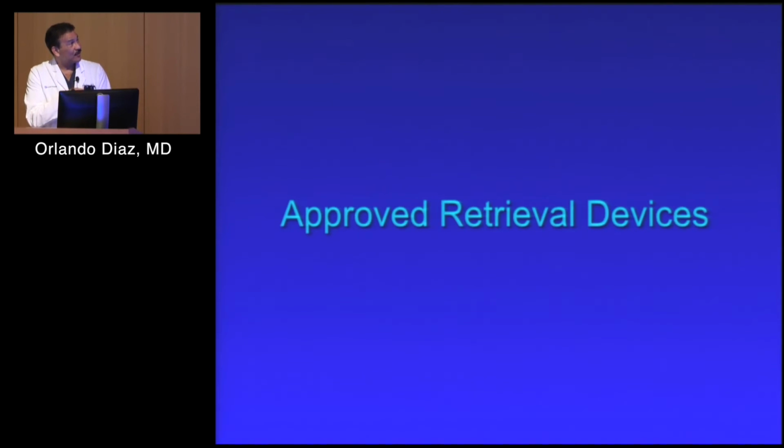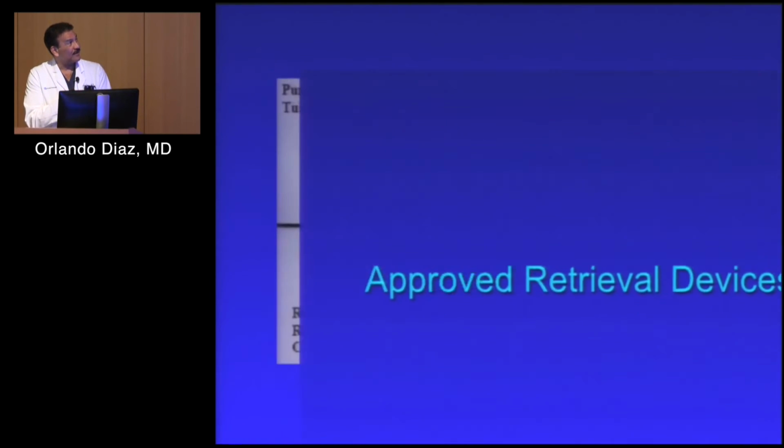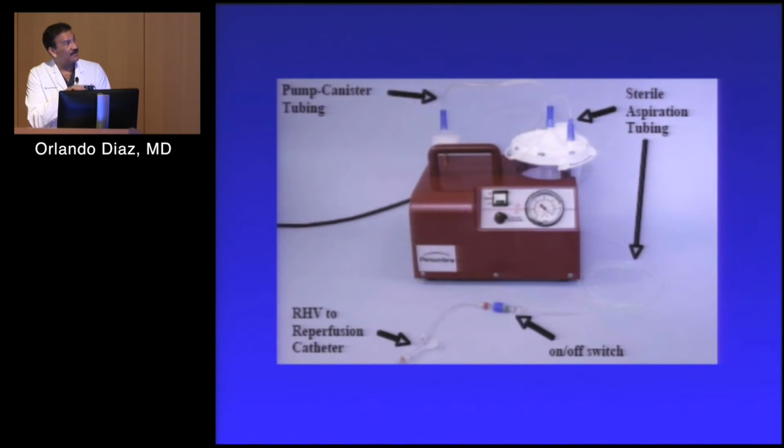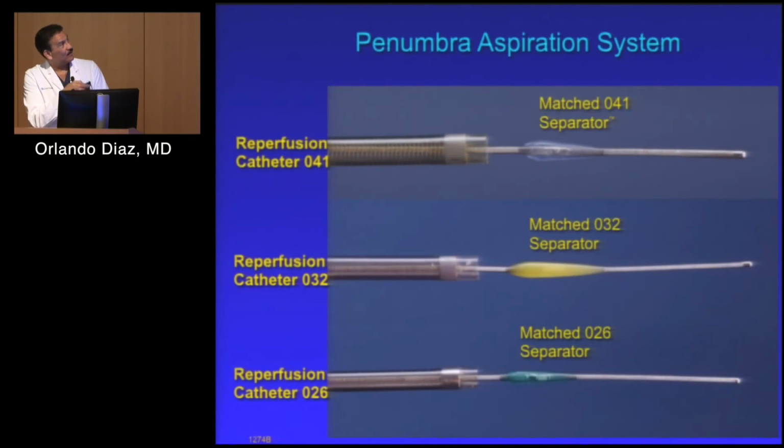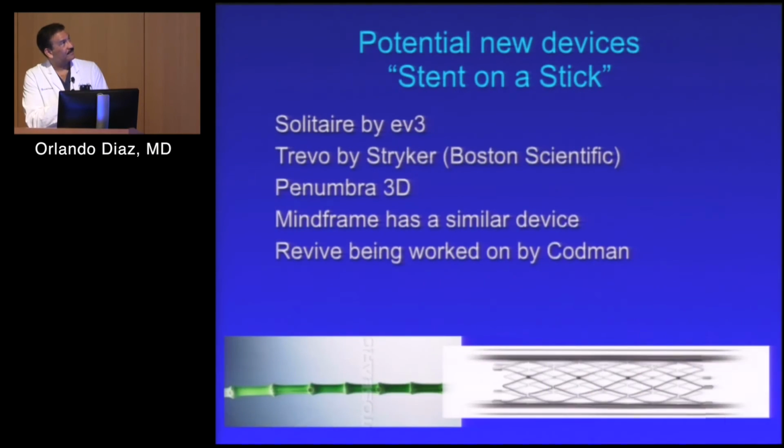So let's talk about approved retrieval devices very quickly. We have devices that aspirate the clot, and we can use those catheters and aspirate it. Sometimes the clot occludes the tip of the catheter, so we need to use a separator.